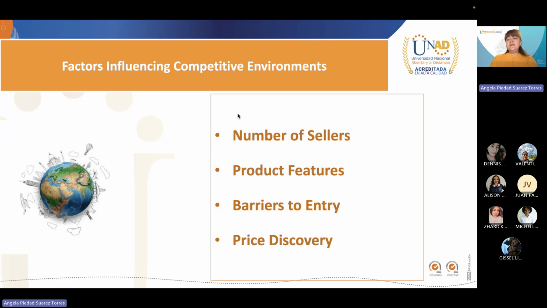So of course, when we do that research about the market, we need to be clear on the knowledge of how many sellers are in the market that are going to be our competition, and not just the direct but the indirect also, because that's very important.